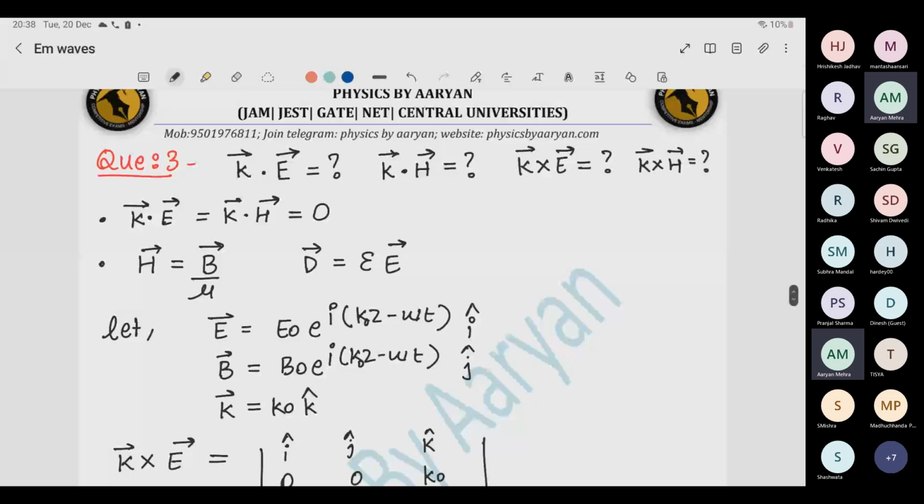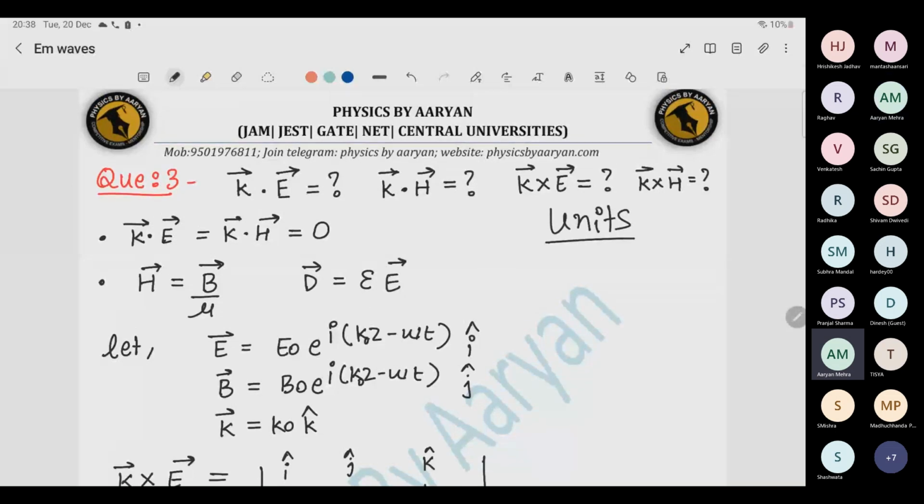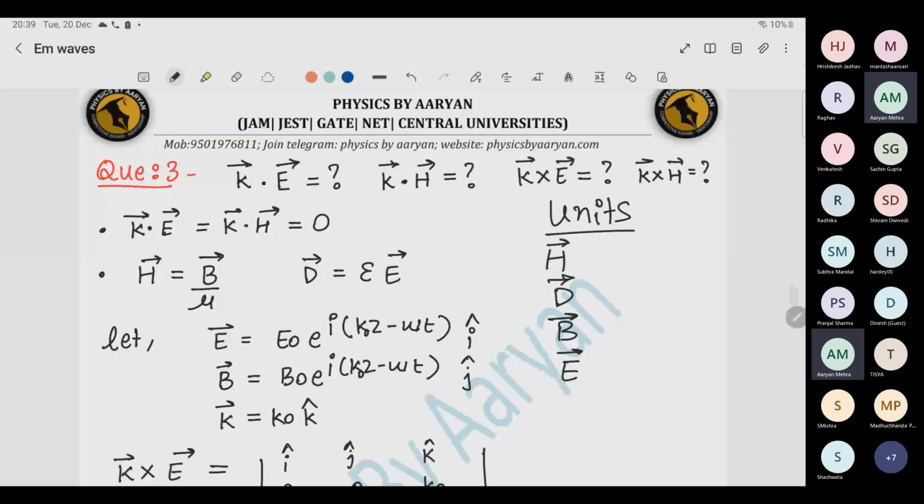Now, one confusion which students usually have, and which I want you to do as homework, is units. You all must have seen these two parameters, H and D. But I want you to read more about this and know the units of H, D, B and E, because most of you will give me the wrong answer.